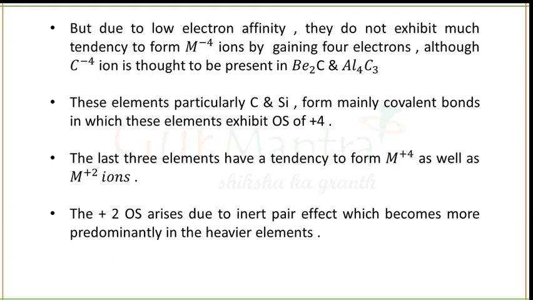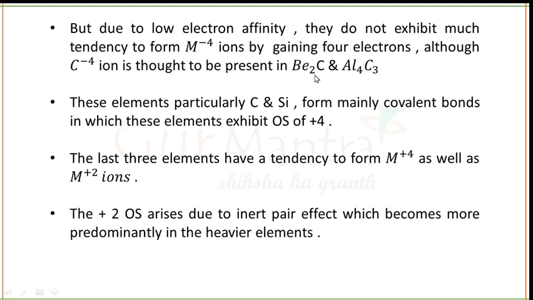Although the carbon ion is thought to be present in Be2C and Al4C3, meaning carbon has the tendency to gain 4 electrons, and this tendency of carbon to form C-4 ions can be seen in these compounds. You have to remember these two compounds in which carbon forms C-4 ions.